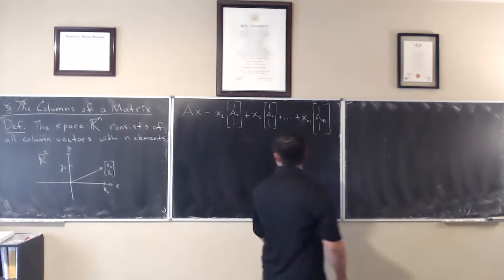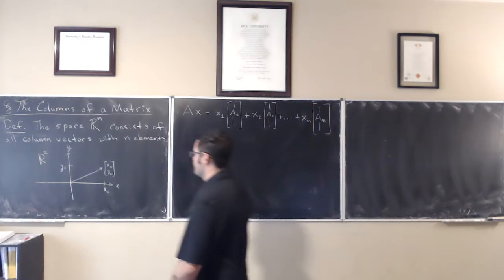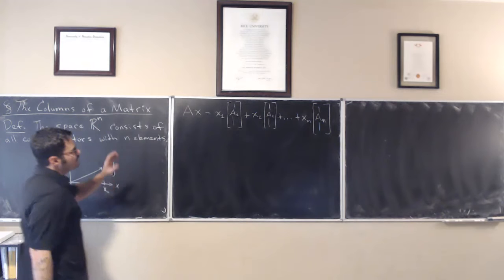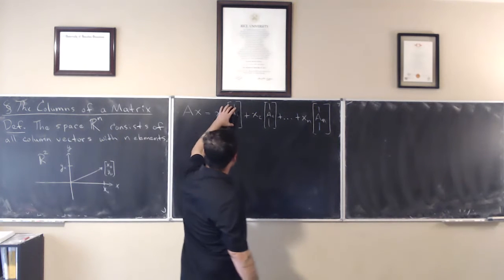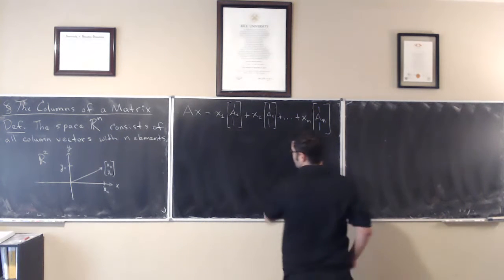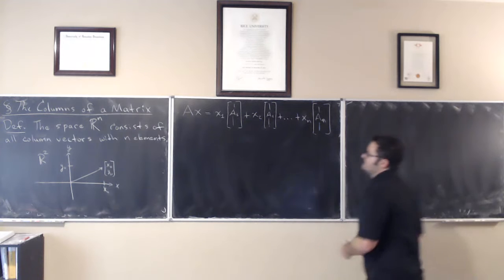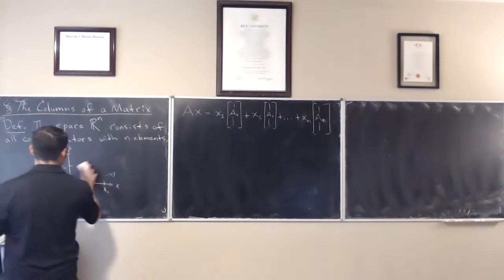So what exactly is happening here? Well, the matrix A has these columns, and these columns live in n-dimensional space.